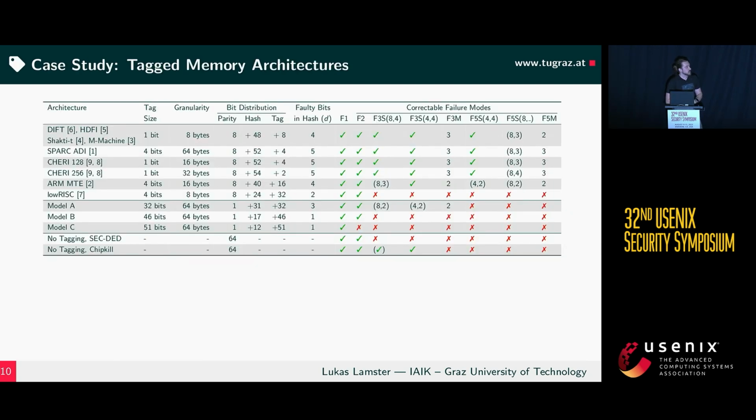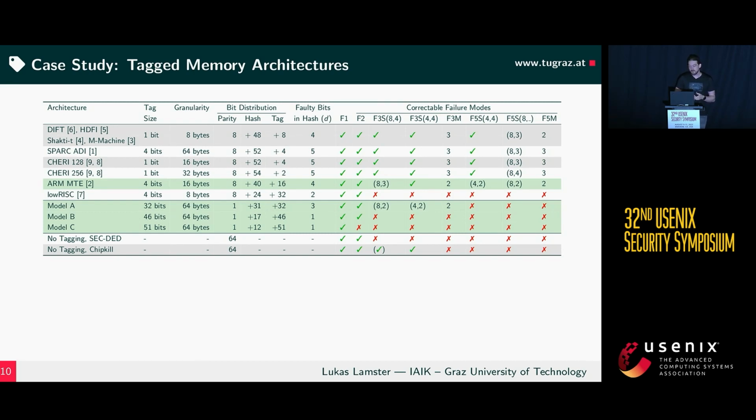Then we performed a case study where we tried to implement tag memory architectures with our approach. We found out that we can come up with a nice table that doesn't use any vSpace hacks. We can implement a wide range of tag memory architectures while still offering some kind of error detection and protection.